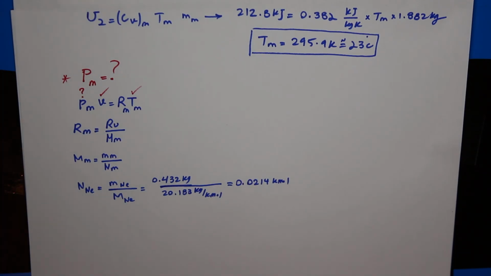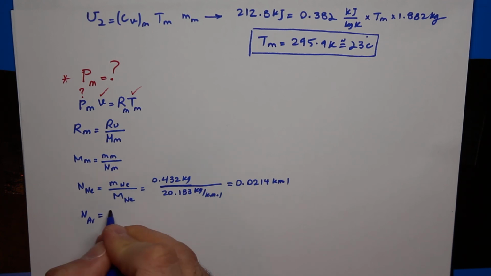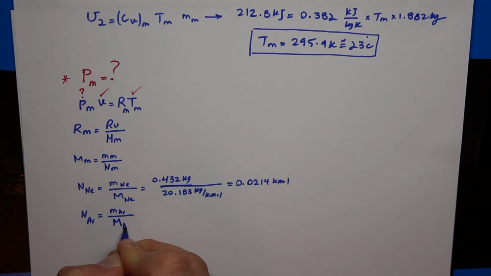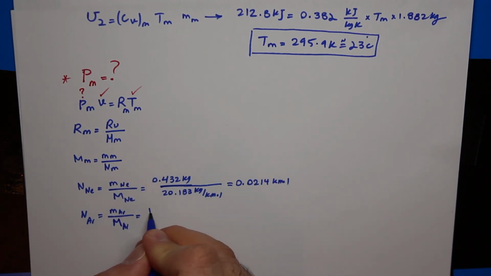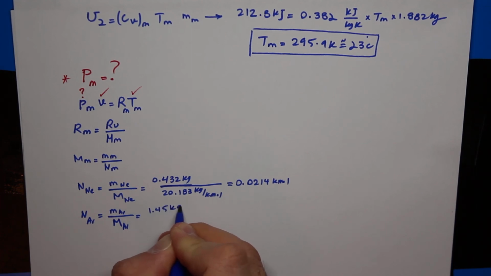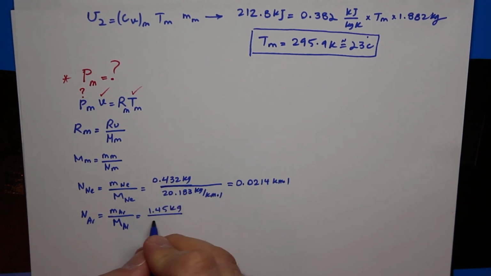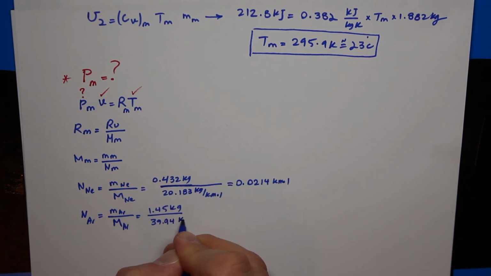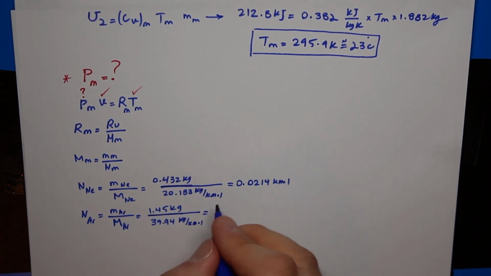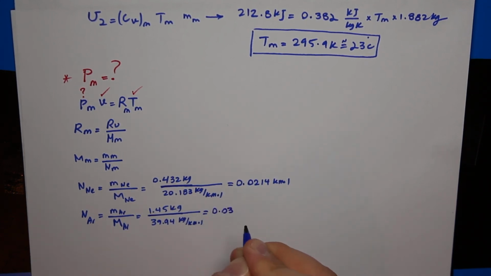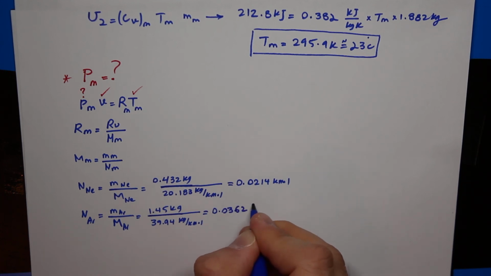I do the same thing for argon. So the number of moles in argon is equal to the mass of argon gas over the molar mass for argon. So the mass of argon, I obtained that, 1.45 kilogram, and the molar mass for that is 39.94 kilogram per kilomole, and that will be equal to 0.0362 kilomole.